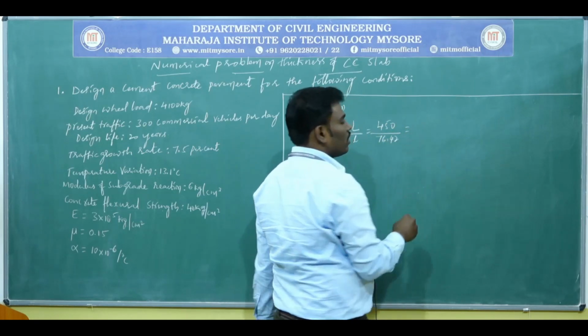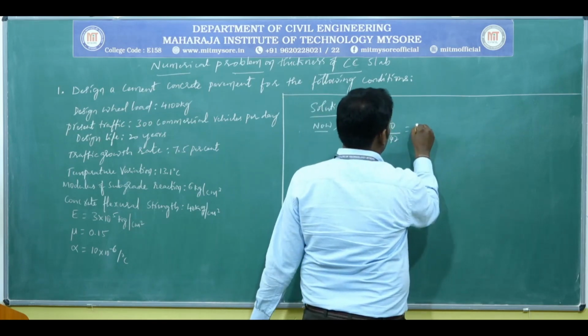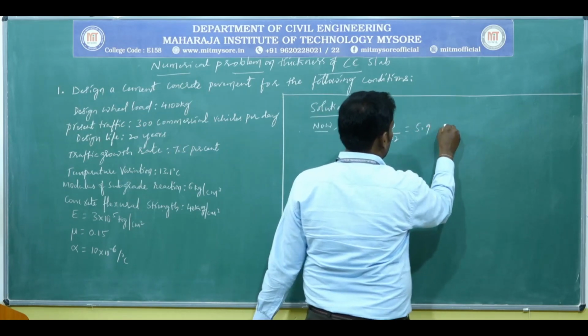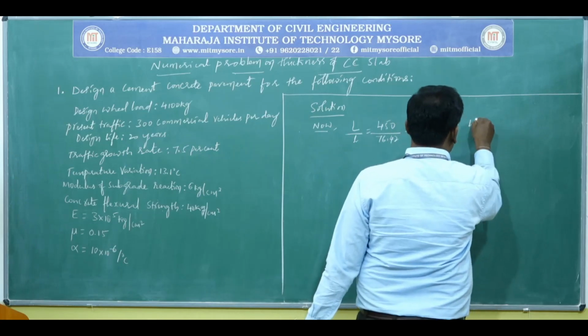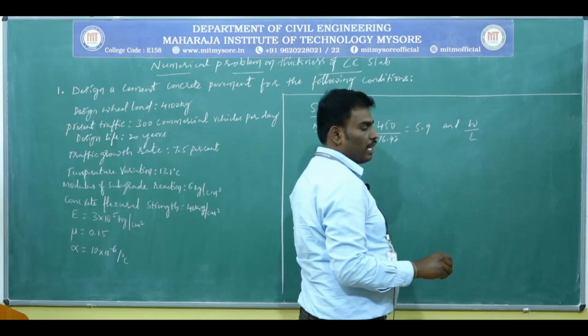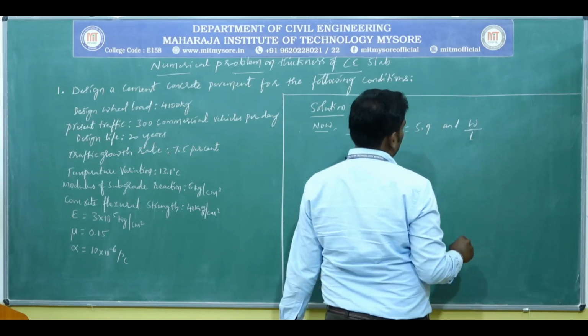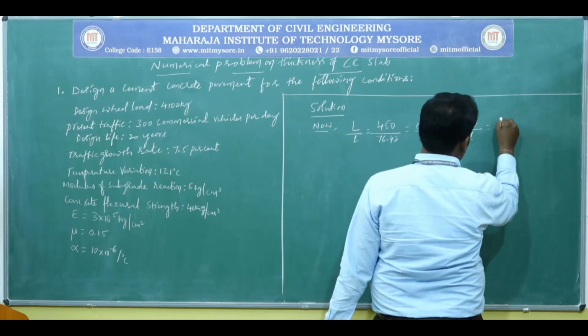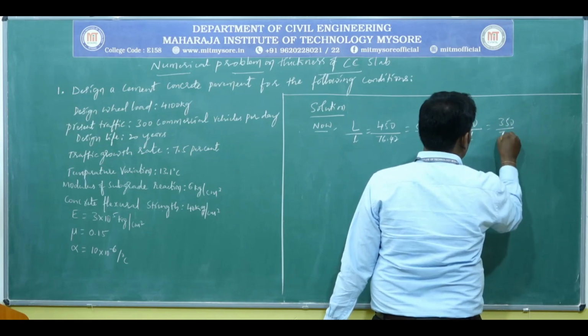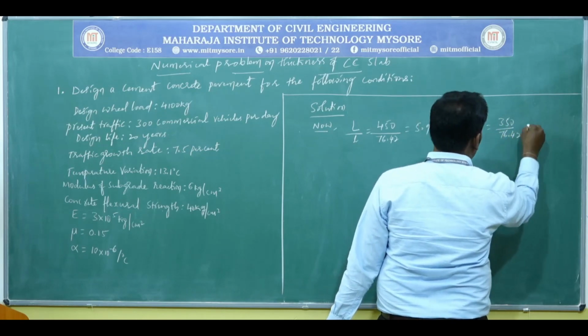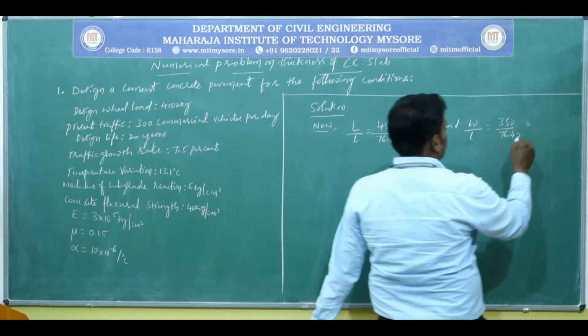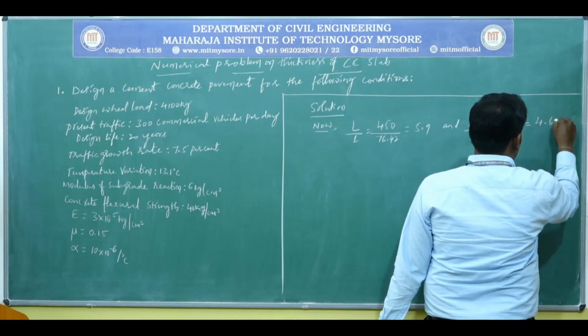L by l is how much? We got about 5.9, and W by l or Ly by l, that is 350 divided by 76.42. How much do you get? This is about 4.6.